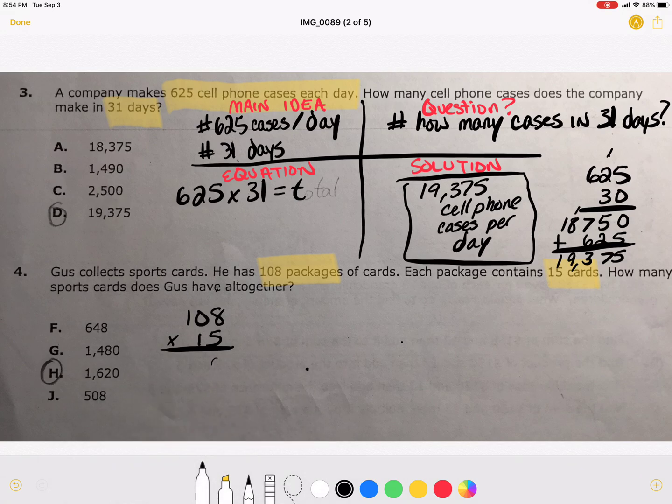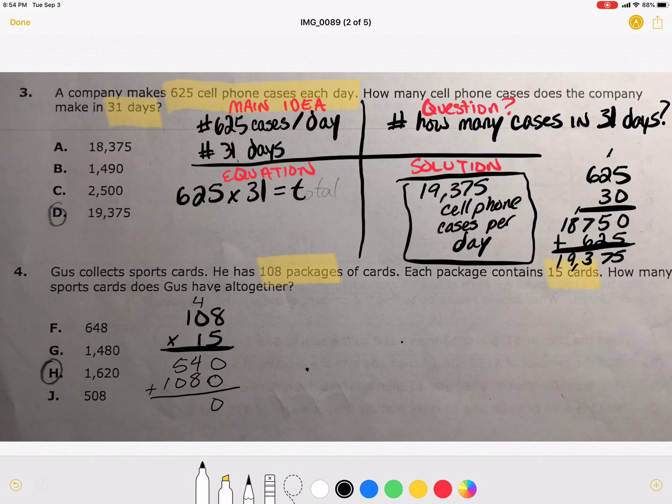5 times 8 is 40. 5 times 0 is 0, but we have to add that 4. 5 times 1 is 5. Because we're now moving to the tens column, we place a placeholder here, because we're really multiplying by 10. And then, because it's 1, we can just go 108 and make sure that our columns are nice and neat.